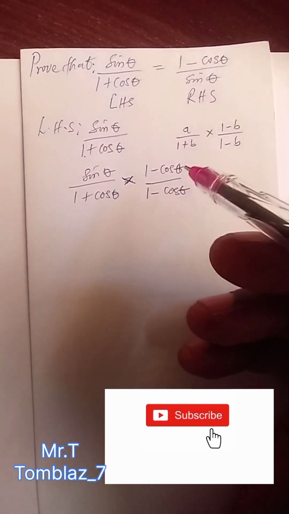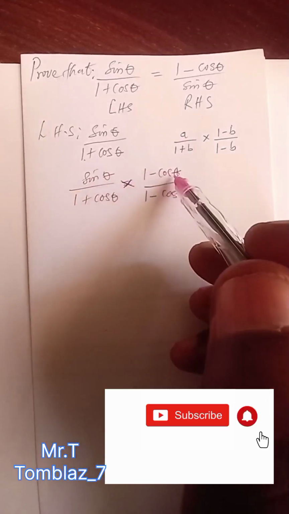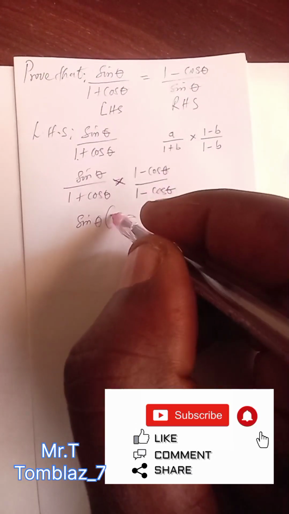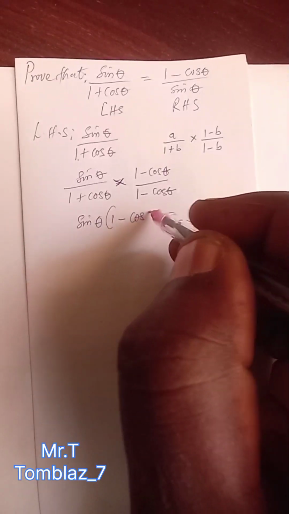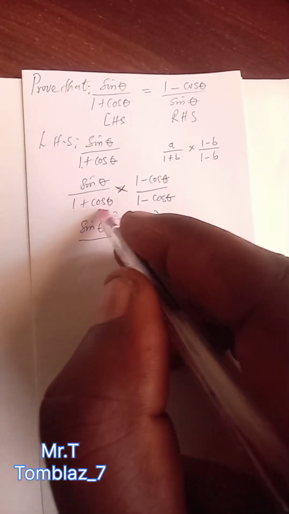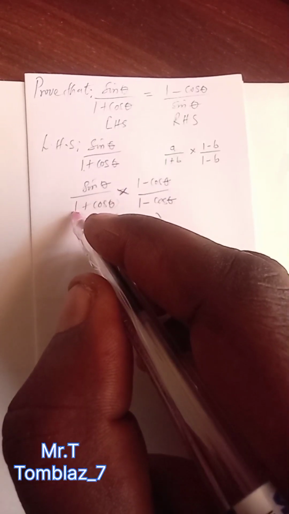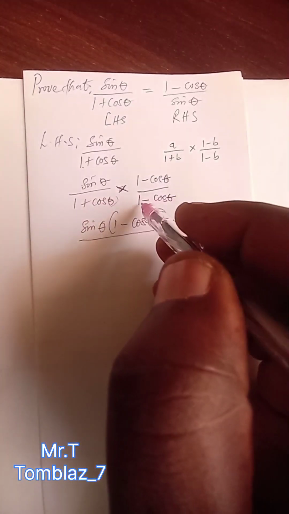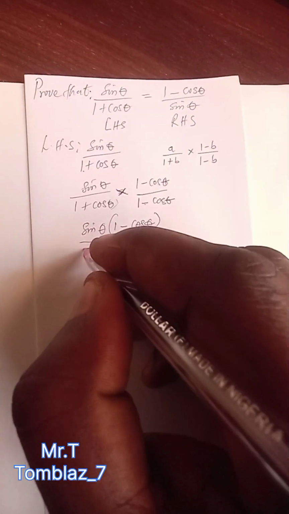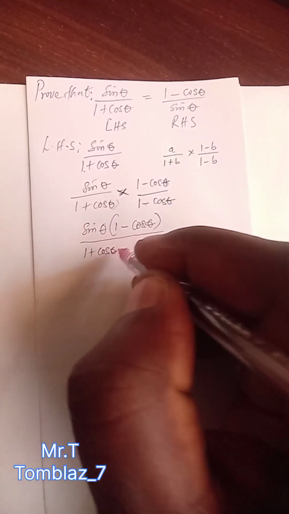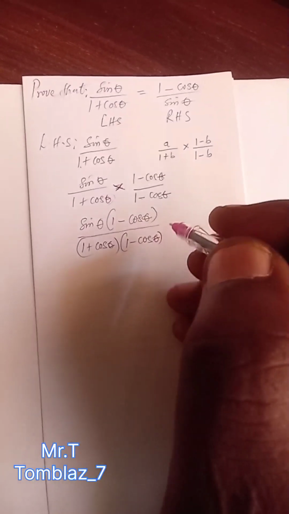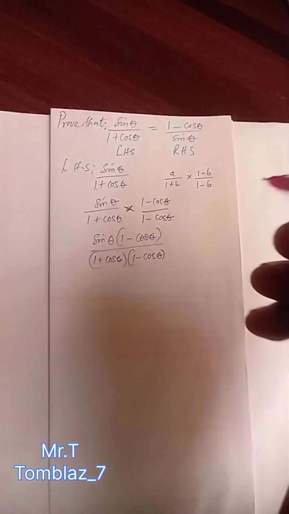Okay, so let's proceed. Now, if we multiply this by this, you're going to be having sine theta into 1 minus cos theta, all divided by, now look at this one, 1 plus cos theta times 1 minus cos theta. Now look at this identity.